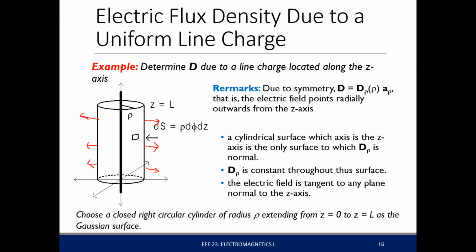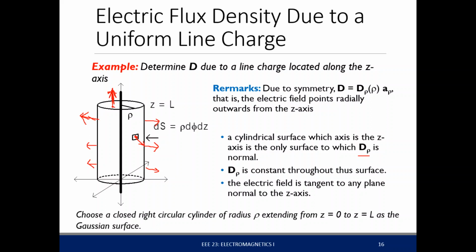On the cylindrical side, your flux density is always normal. And that is because your differential surface here is also in the direction of rho hat. And a part of that closed surface is along z hat, which is normal to your electric field. Okay? It's normal to your electric field right here.